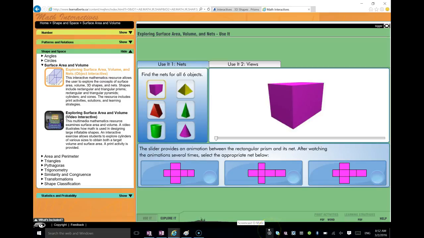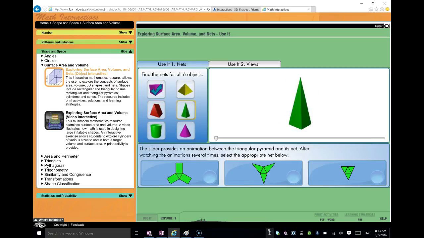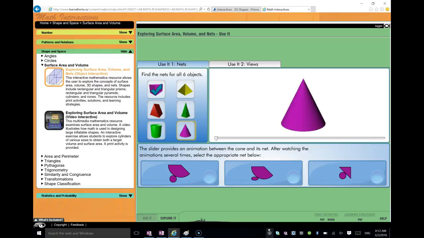So for example, I can take a look at this shape. Which net is it? Oh, okay, now I see, is it this one? Yeah, check mark. Okay, so we're going to be looking at some of these different shapes. You have a pyramid here, a cylinder, a cone. See if you can figure out what the nets are for each of those. That will help you with surface area.